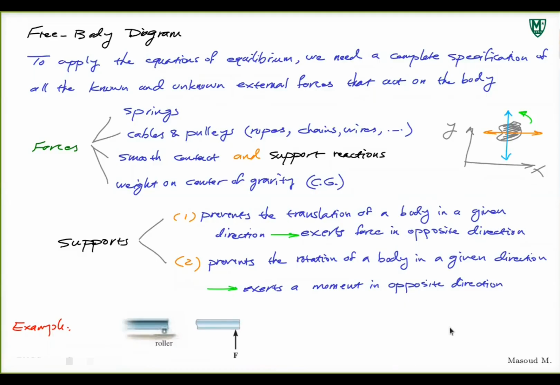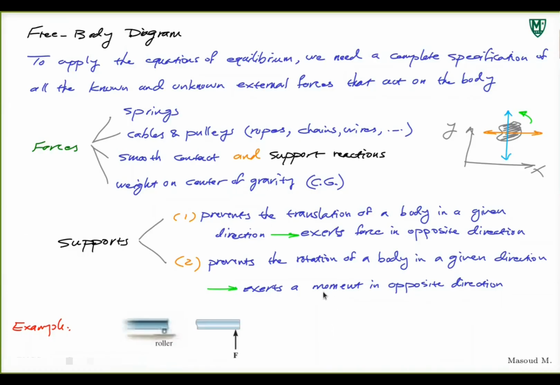It's like a smooth contact. So if I remove it, I have to put a force exerted in the opposite direction to make sure this is not happening and it stays in equilibrium. If I don't put any force, then I'm removing this roller, or this washer in this case, and this can go down. So on my free body diagram, I have to have a force there to make sure this doesn't happen.